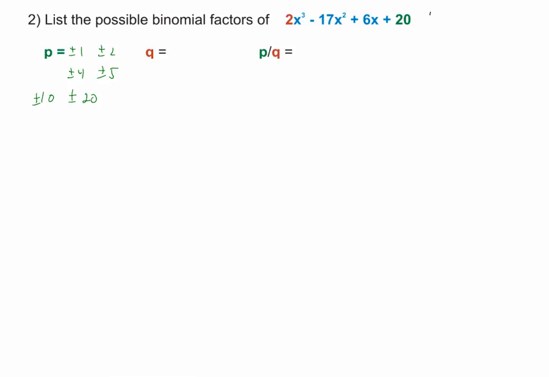All different ways you can factor 20. And then the 2 gives us plus or minus 1, but also plus or minus 2.